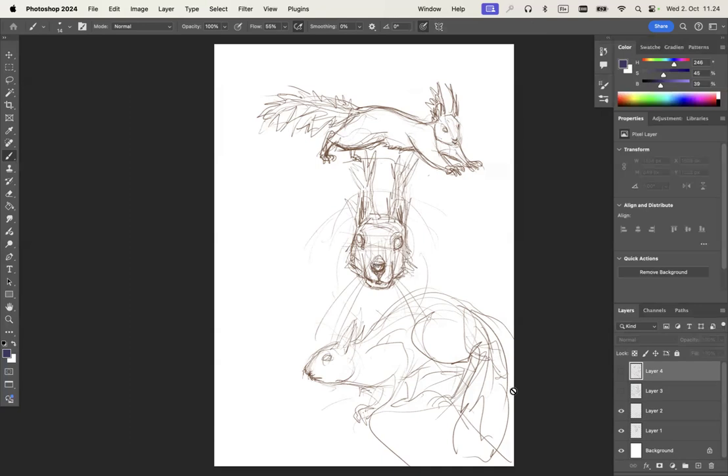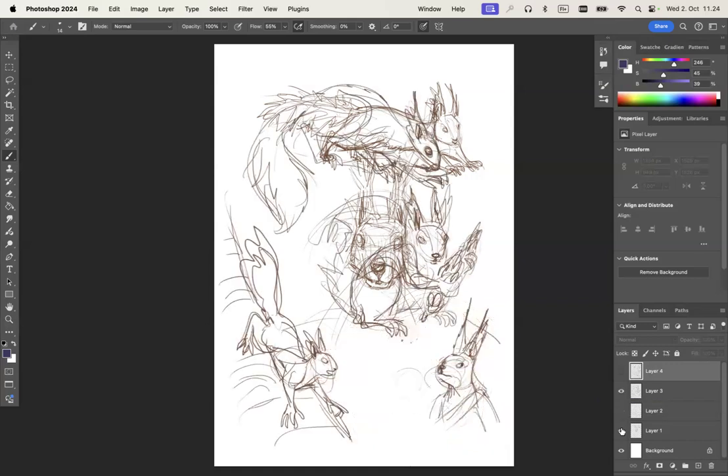And again, I tried to keep away from the cute look, because I was also thinking of the squirrel from the point of view of the squirrel. And I don't think squirrels think of themselves as cute, if they think of themselves at all, or if they would think of themselves. Okay, let's have these away now.